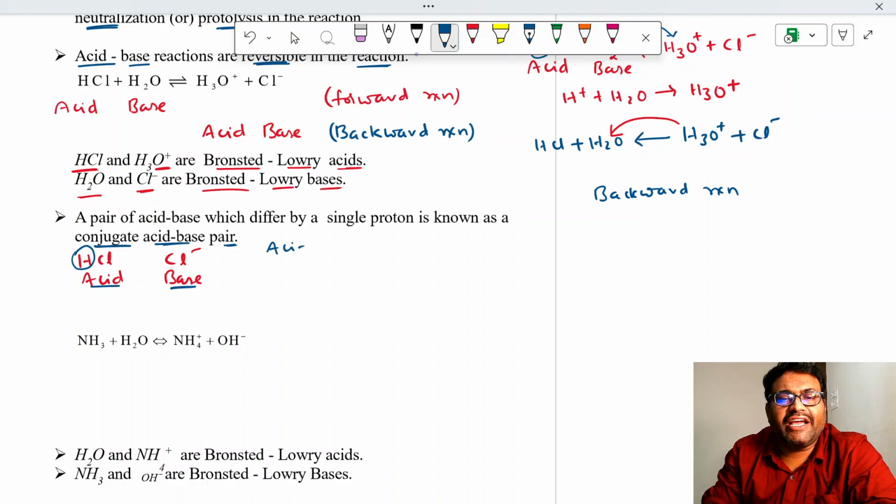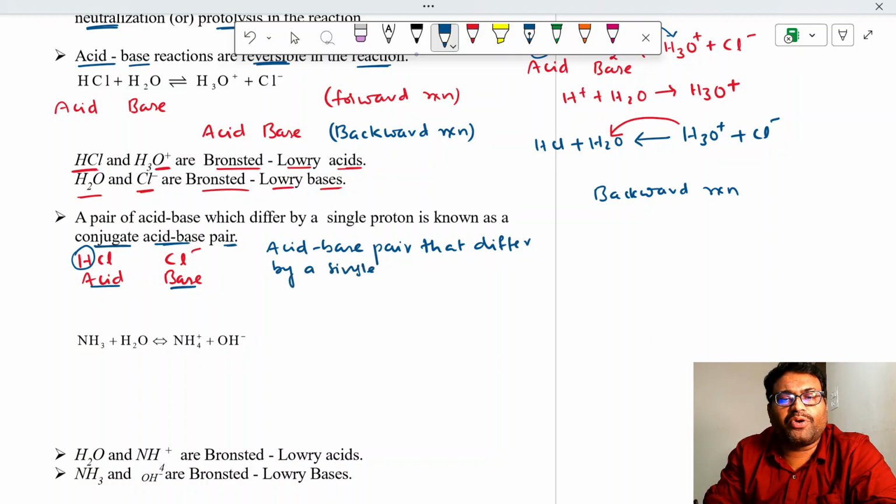So what do we say? Acid base pair that differ by a single proton, and that is called as what? Conjugate acid base pair.